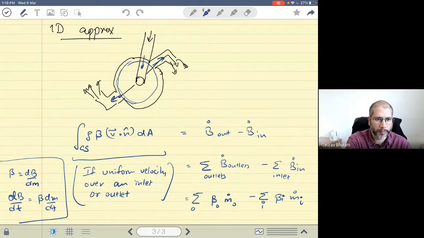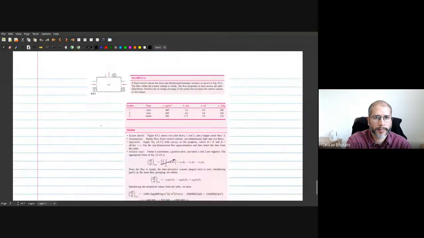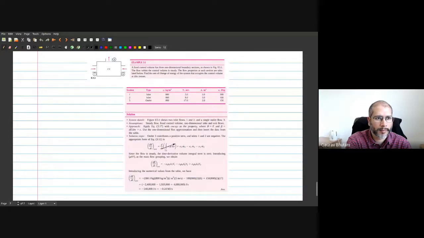So let's solve a problem. This is a problem from the book, example 3.1.